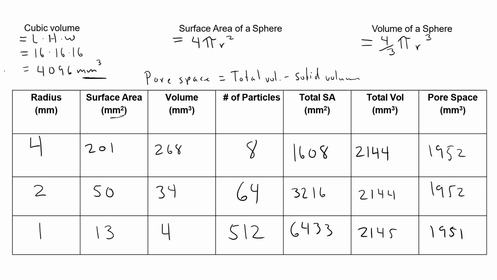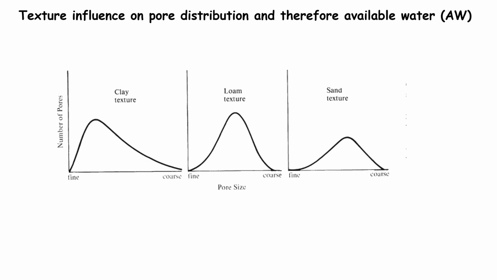Also, because all soils are a mixture of particle sizes, we get differences in porosity across soils. And so this is the influence of texture and structure on pore distribution and therefore available water content.